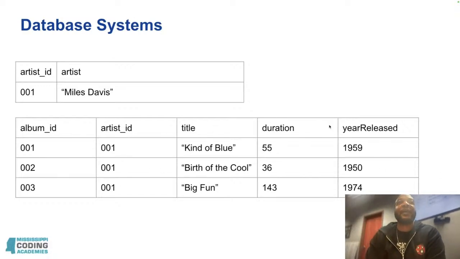So the same information that was displayed in the non-relational database, this is what it looks like in a relational database. Okay.